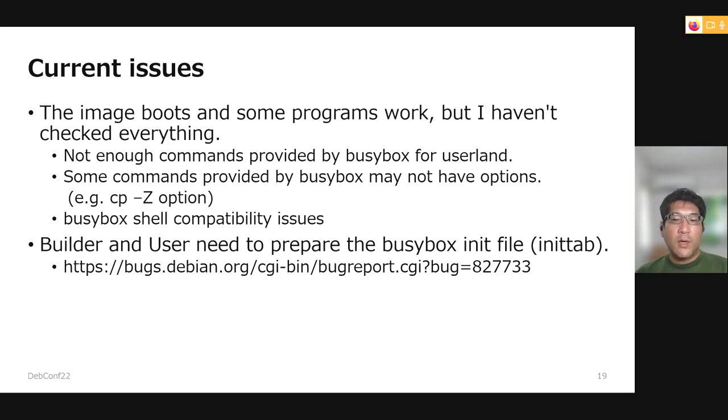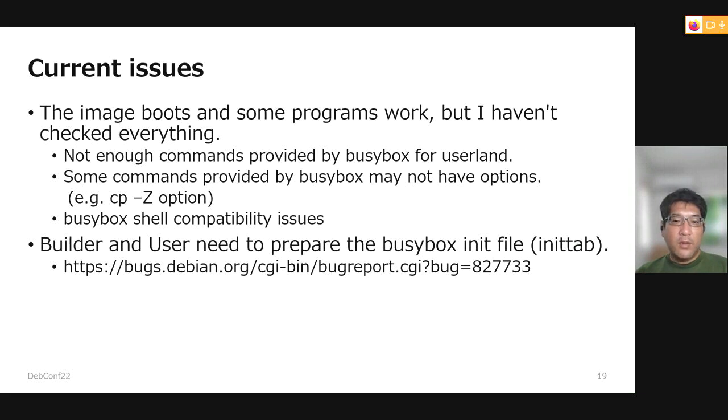For example, Debian uses package postscripts about this, but not all packages may have it. And the busybox shell is ash, and not POSIX compatible, so scripts written for dash may not work.